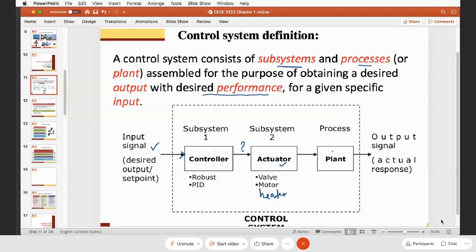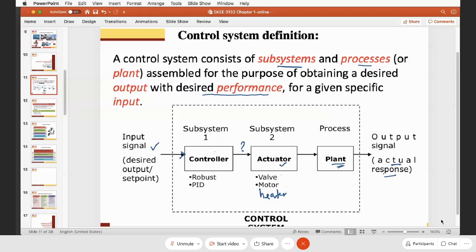And the final part is your process that we call plant. So this one, you measure back what is your output. Your process plant. The plant itself is maybe your room, maybe your output of the water, level of the water, the tank itself. That is the plant. And your output is your desired output.